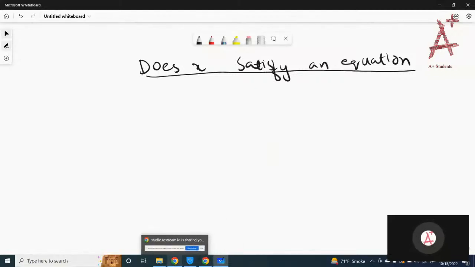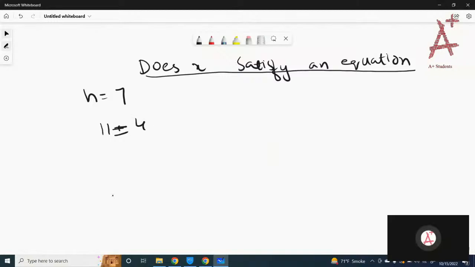Is h equals 7 a solution to this equation? You are given the equation 11 equals 4 plus h. You need to see if h equals 7 is the solution of the given equation. What you simply have to do is substitute the value in the equation, replace the h with the value, and see if both sides of the equation are equal.